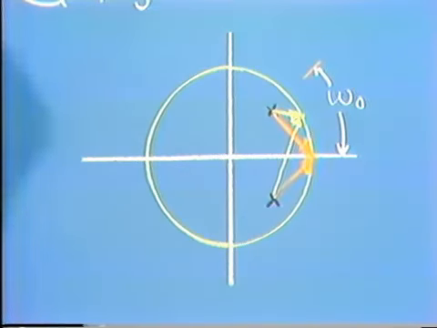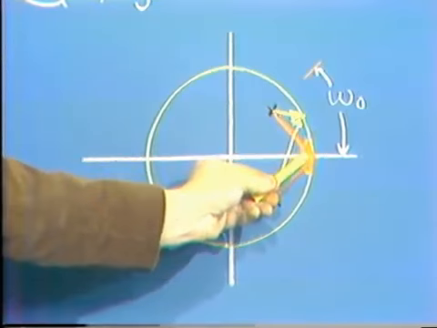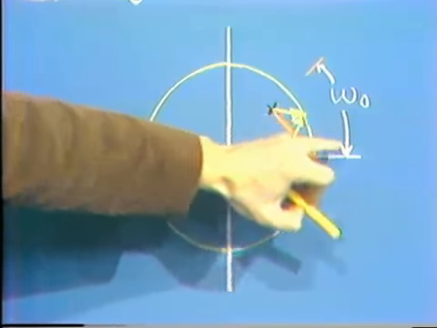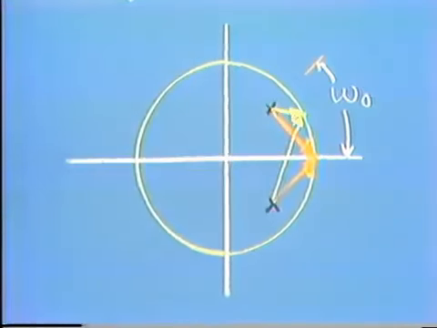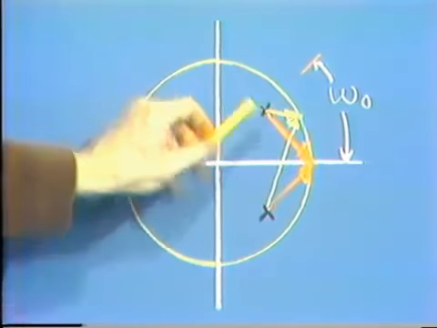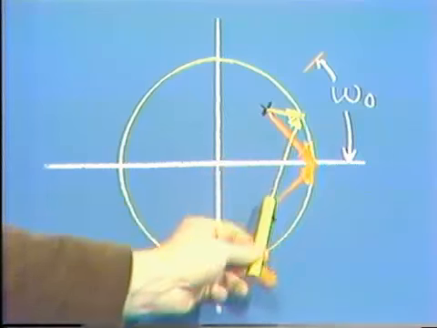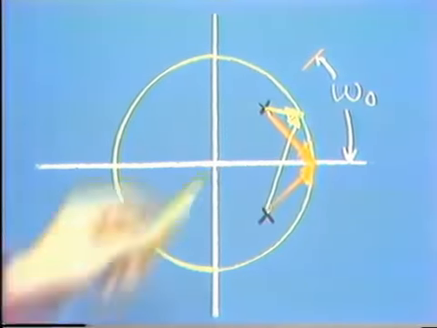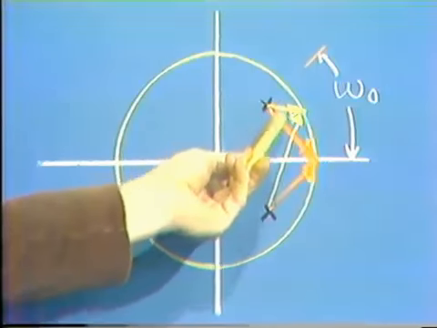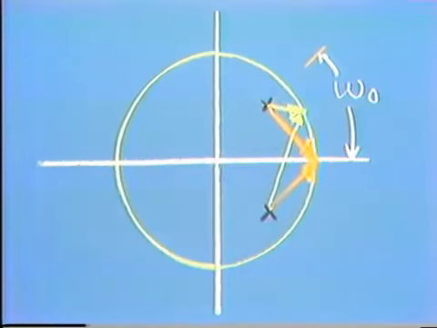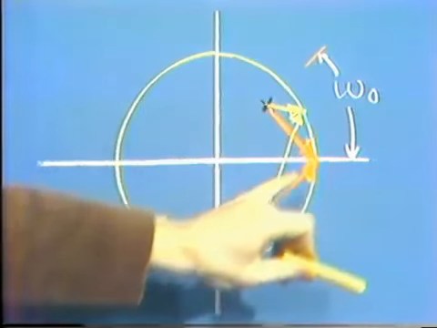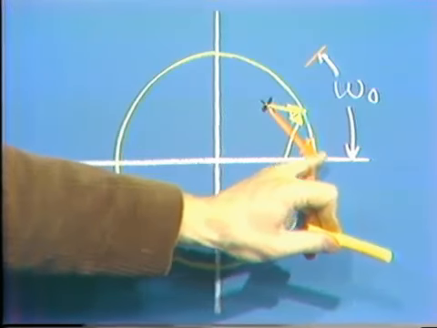Well, we can see what's happening to the vector lengths. This vector is getting shorter as we approach omega equal to omega 0. This vector is getting longer, but I think it should be relatively clear from the picture that this vector is getting shorter faster than this one is getting longer. It seems relatively clear from a geometric picture that the product of the lengths of these two vectors is smaller when omega is closer to omega 0 than, let's say, when omega is equal to 0.